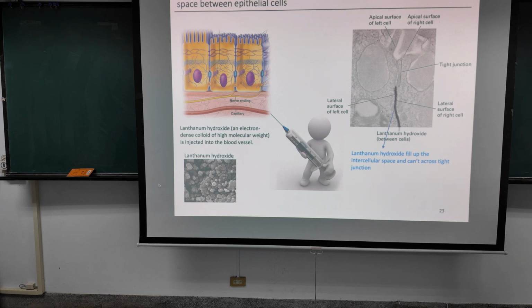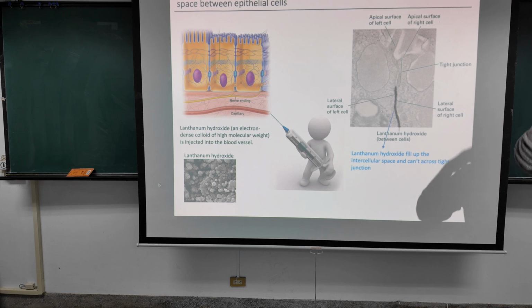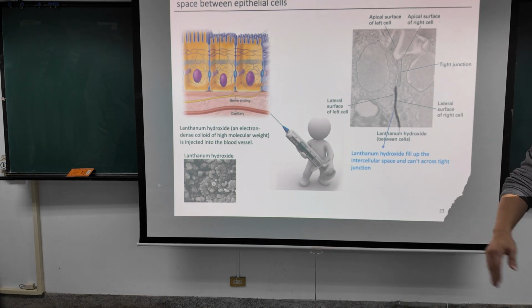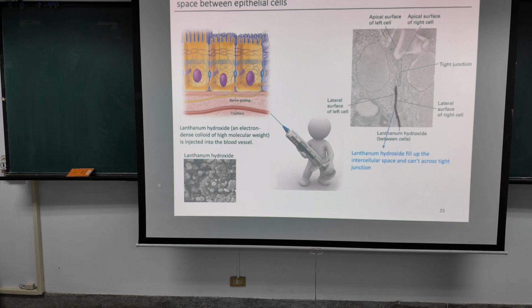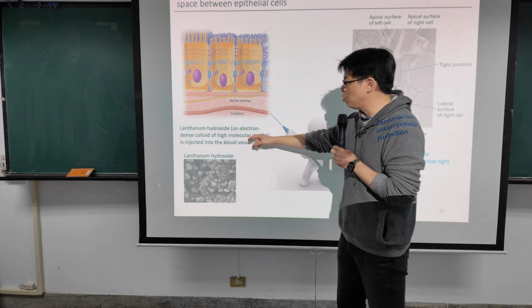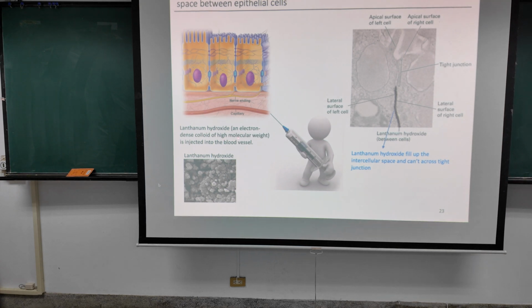And how do we prove that the tight junction is the major structure preventing molecular leakage between the lumen side and the lower circulation side? People can do this experiment. They inject lanthanum hydroxide, which is an electron-dense colloid with a high molecular weight, so under electron microscopy it becomes really dark.